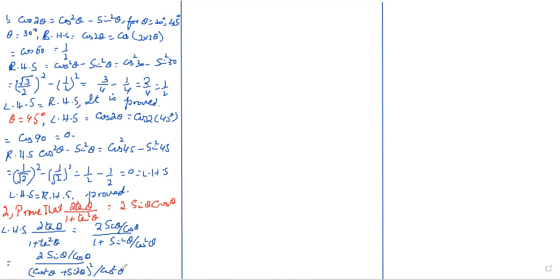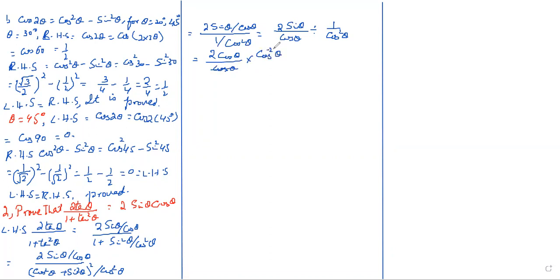So on the numerator we have 2 times sine theta divided by cosine theta, and the denominator is 1 over cosine square theta. To explain it, since it is divided here, it should be multiplied there: 2 times sine theta divided by cosine theta times cosine square theta.